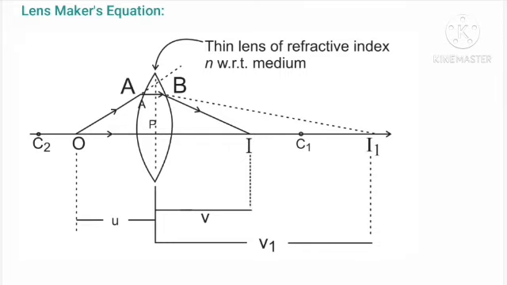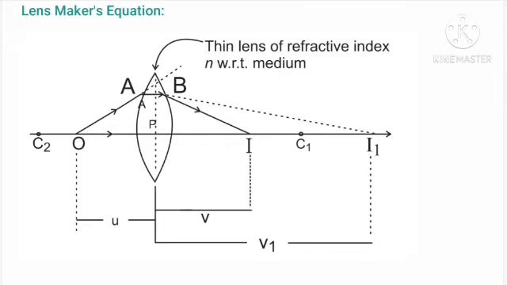The medium of the lens has refractive index n with respect to the surrounding. The outside medium of the lens is obviously air, so its refractive index must be 1, as we know the refractive index of air and vacuum is 1.